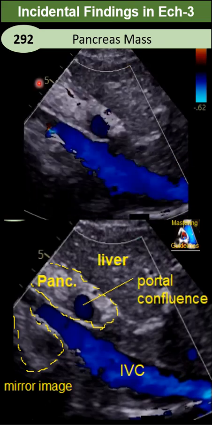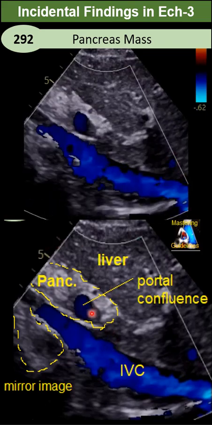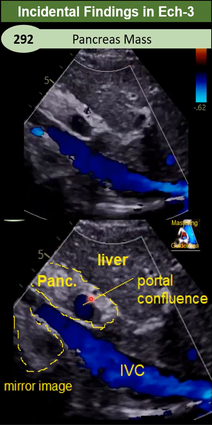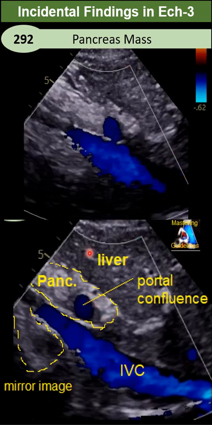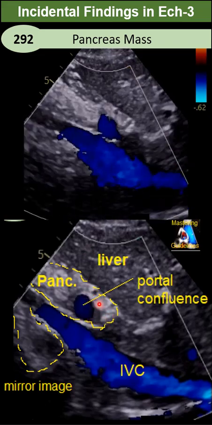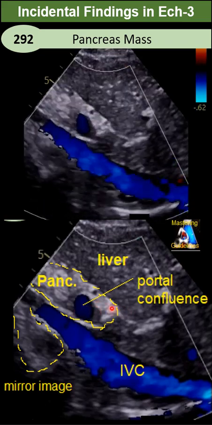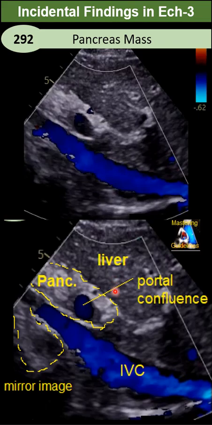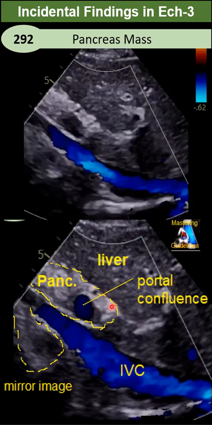So that is our pancreas. As I explained, the vessel that passes through to the head of the pancreas is the portal confluence, or beginning of the portal vein, being the joining of the splenic vein and superior mesenteric vein and inferior mesenteric vein too.